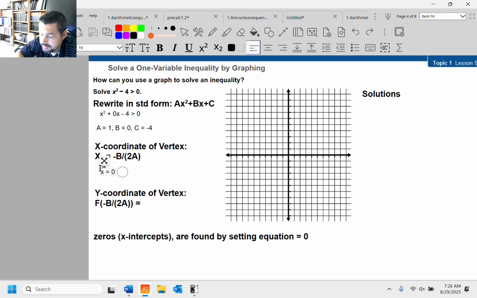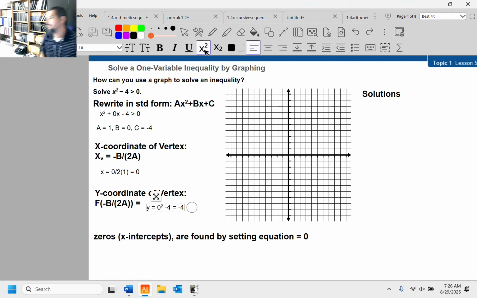Opposite of 0 is still 0, divided by 2 times 1. And 0 divided by anything is still 0. To find the y-coordinate, we take that x value and plug it back in. So the y-coordinate is going to be 0 squared, and then just minus the 4. And all we get back is negative 4.